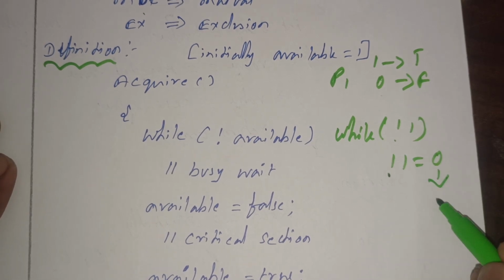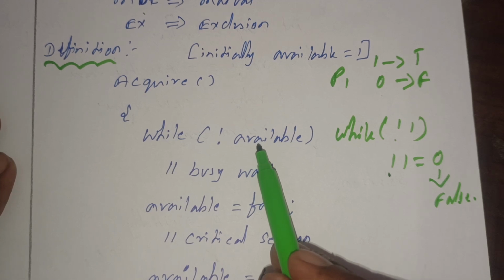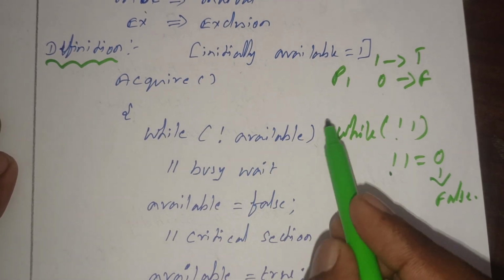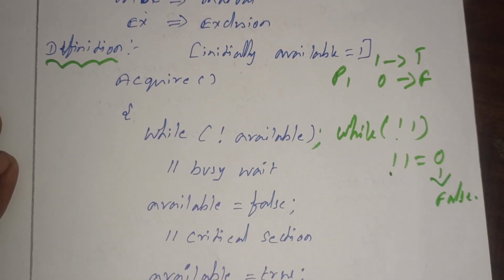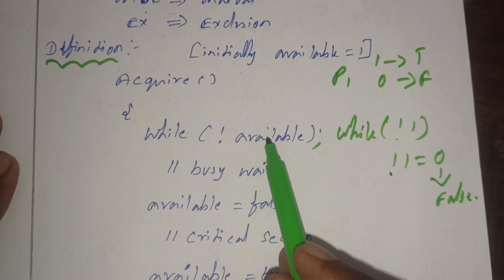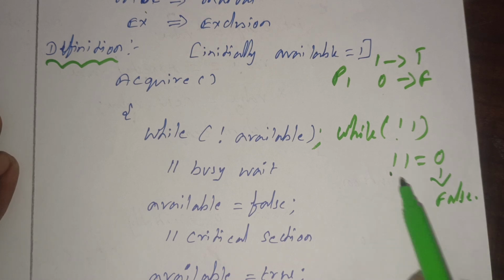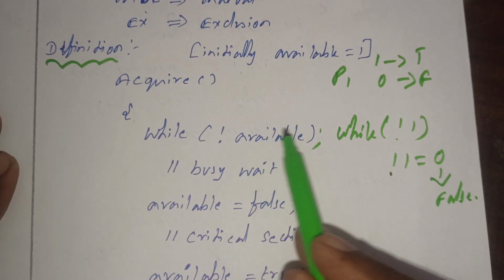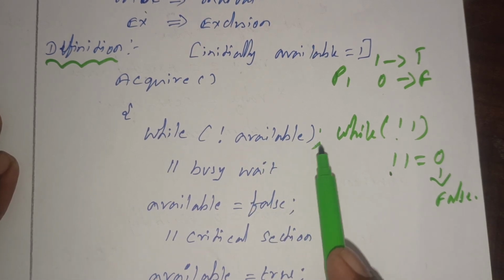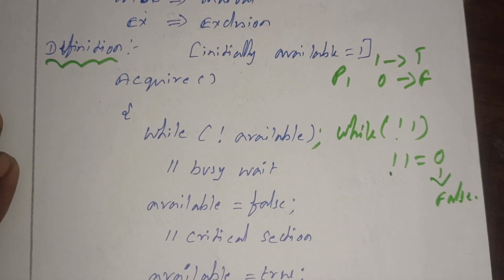So the condition is false, which means I can break this while loop. I need to mention this symbol, that is the semicolon here, right? If this condition is false, I can break out. If the condition is true, I cannot break this while loop. That is the procedure. We use this semicolon over here, right?